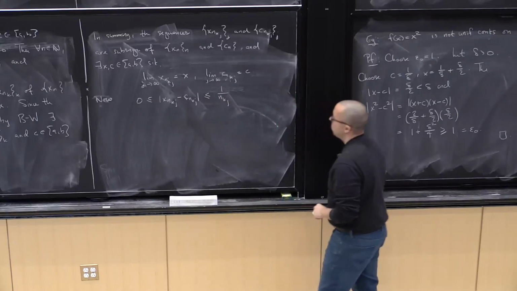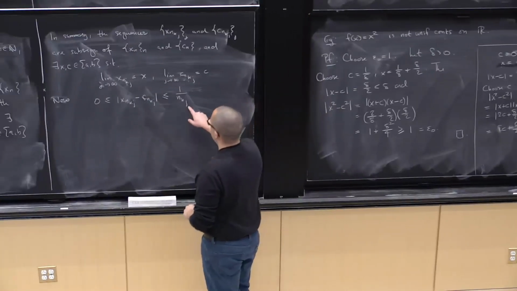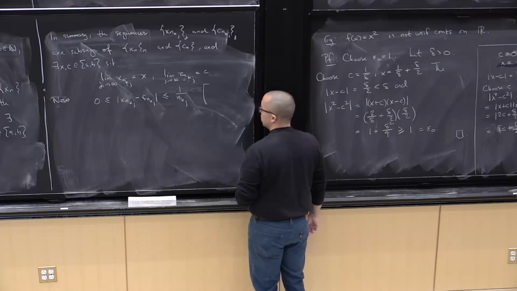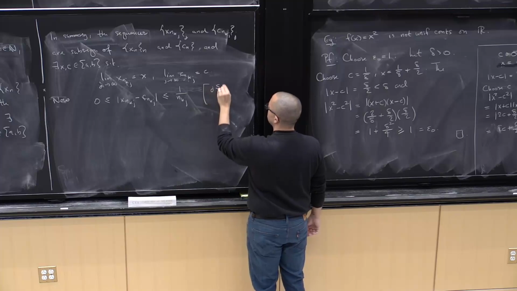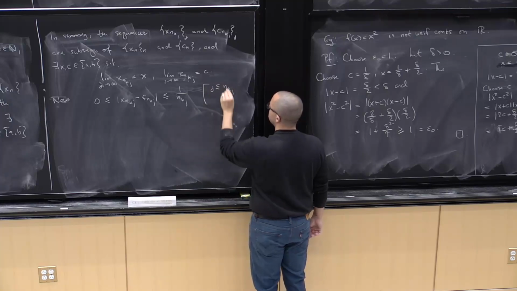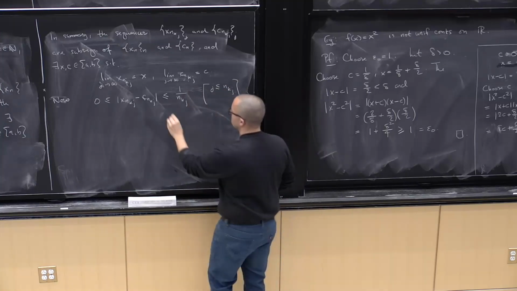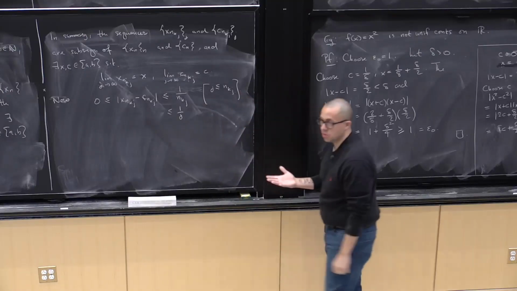All right. And as j goes to infinity, first off, by the definition of subsequences, n_{k_j} is always bigger than or equal to j. So this is always less than or equal to 1 over j.